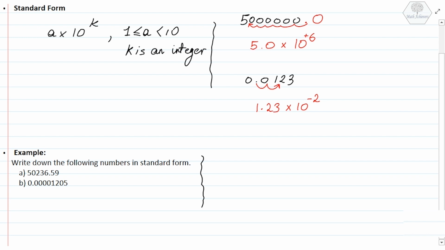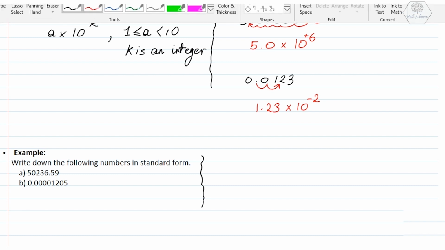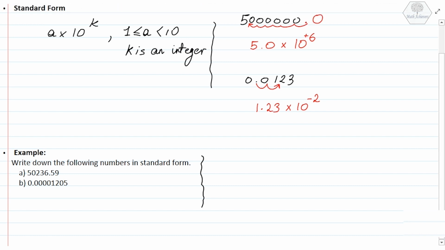Let's start with the first number, part A. It is 50,236.59. Now, I have to move the decimal point to the left. So 1, 2, 3, and 4.